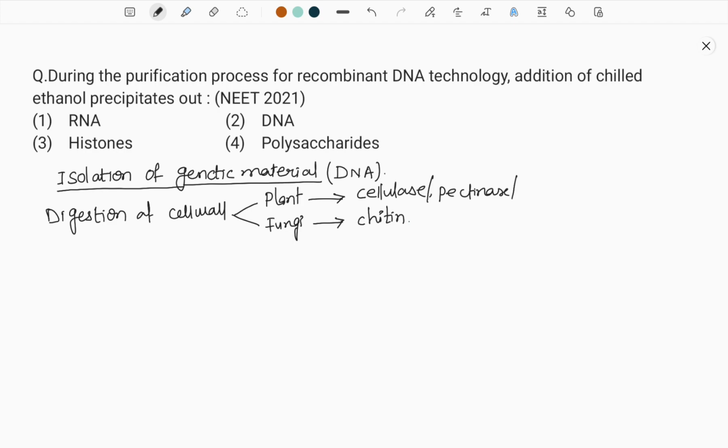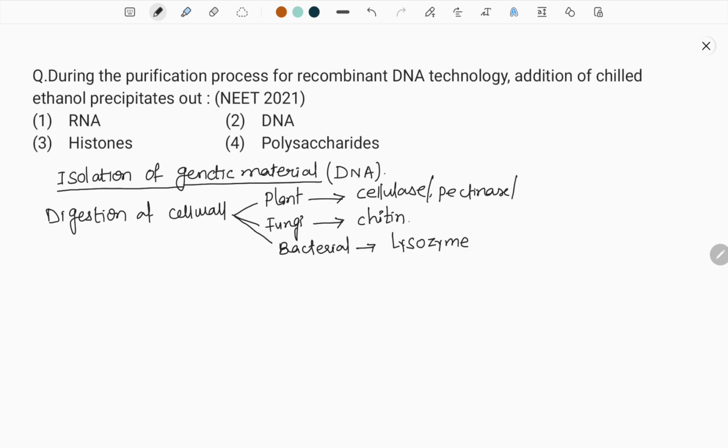Chitin is also present in the cockroach, Periplaneta americana, in which the outer shell is made of it. And if the organism is bacteria, then the bacterial cell wall is broken down by an enzyme called lysozyme. It's an enzyme which will digest the bacterial cell wall.